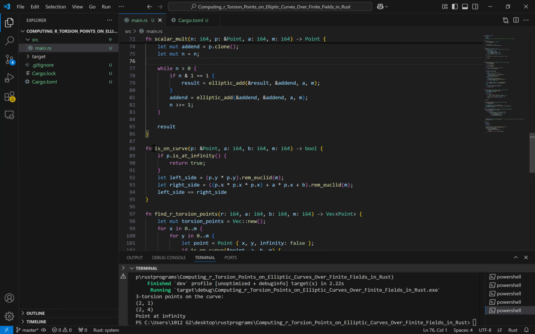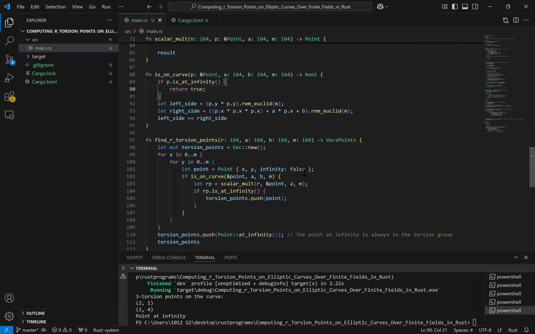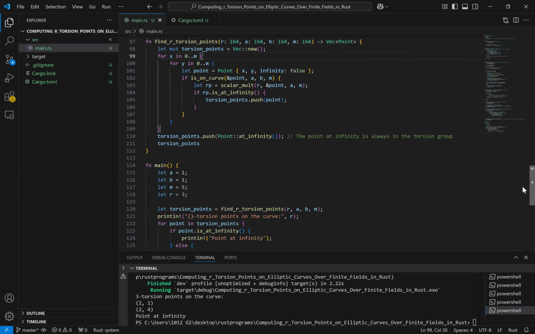Now, if the result is at infinity, it means that point is a torsion point. So this is what finds a torsion point. It goes through all those values 0 to m, multiplying by that point and seeing whether it can get a torsion point.